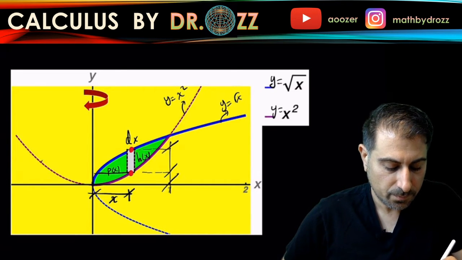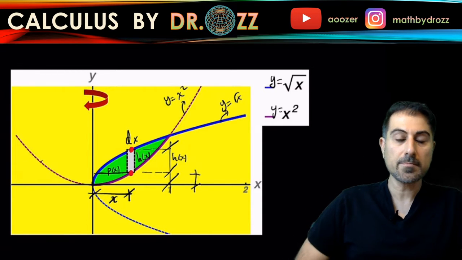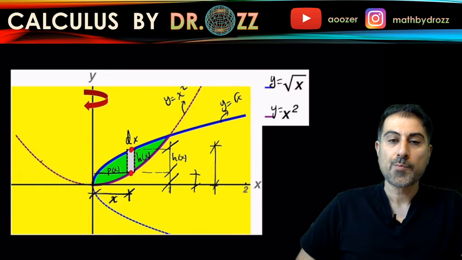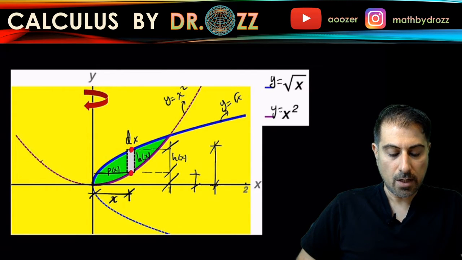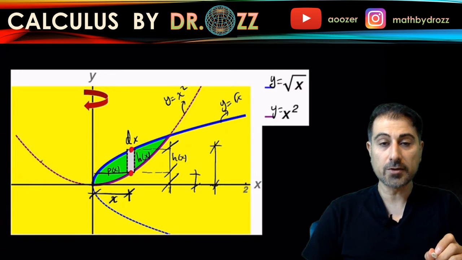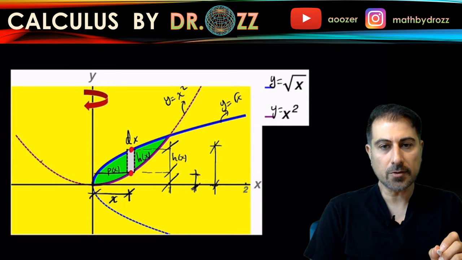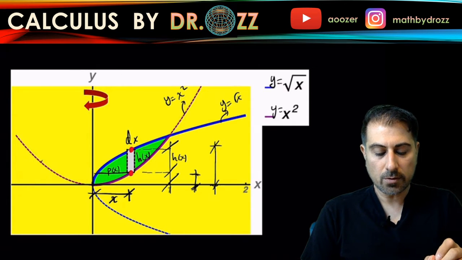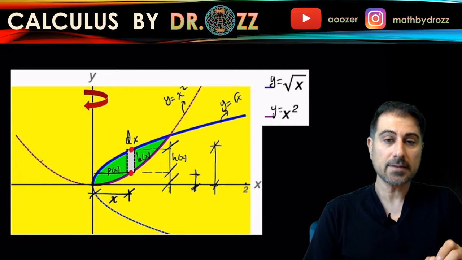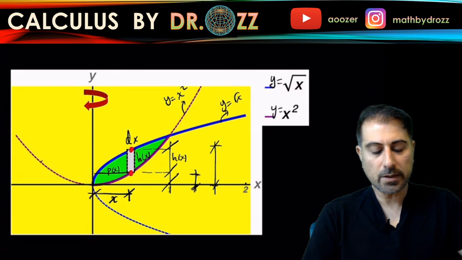So I need this distance as well as this distance. The little distance here, the one corresponding to the red mark at the bottom of the slice, is determined by the purple curve. Since the x coordinate of that point is x, the y coordinate is going to be x squared. So this part is only x squared.